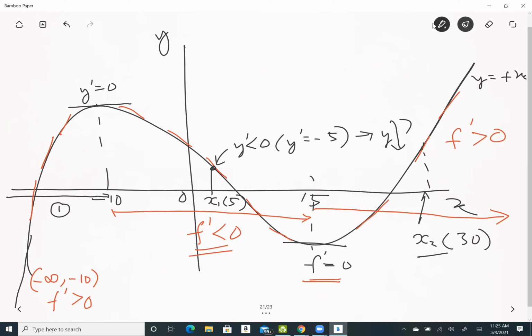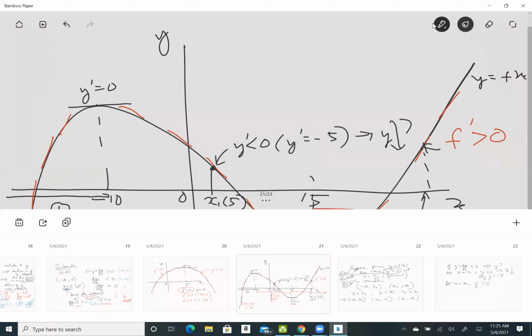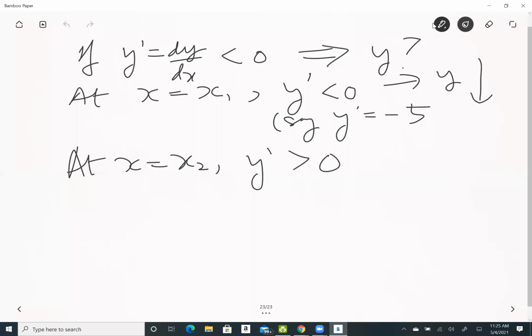Now, you know the f prime is positive here. So what about y? Will y decrease or will y increase? Y will increase. So if the derivative is positive at that point, y will increase.